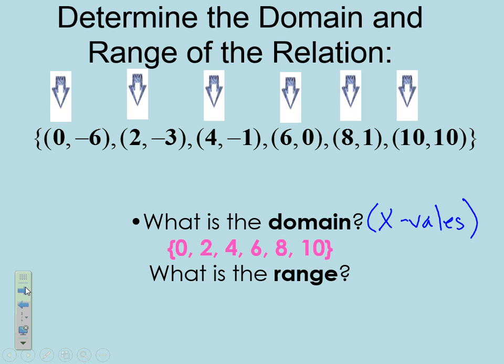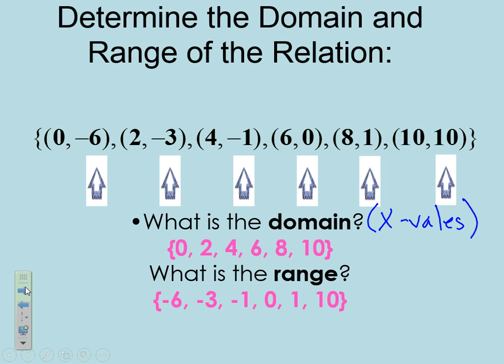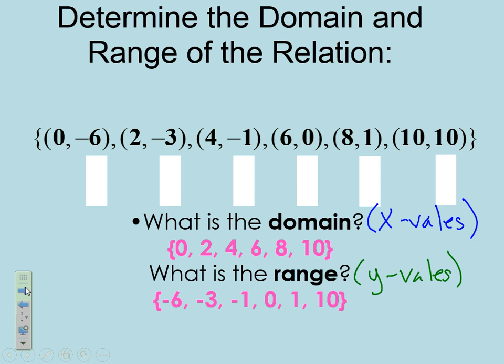That's our whole domain: 0, 2, 4, 6, 8, 10. Now our range is going to be our y values. So all of them are going to be our y values. So this one is -6, -3, -1, 0, 1, and 10. Okay, so domain is our x values, range is our y values. Make sure you have this example down.